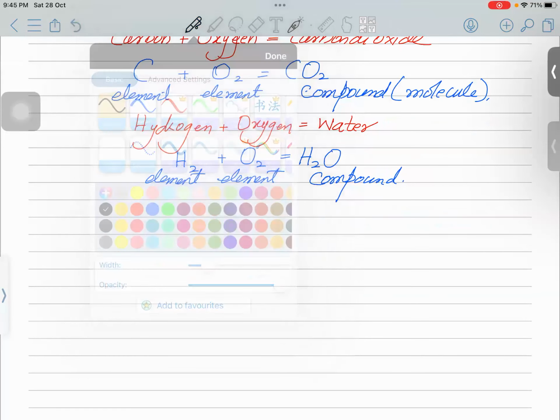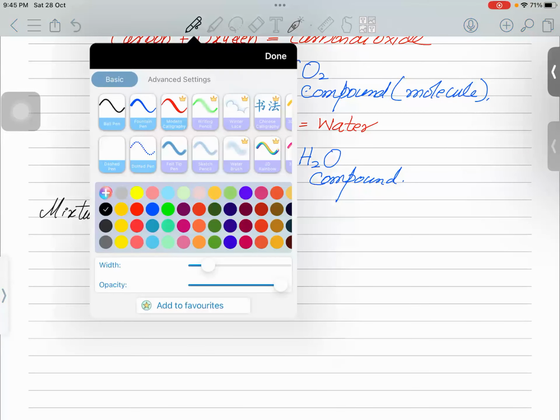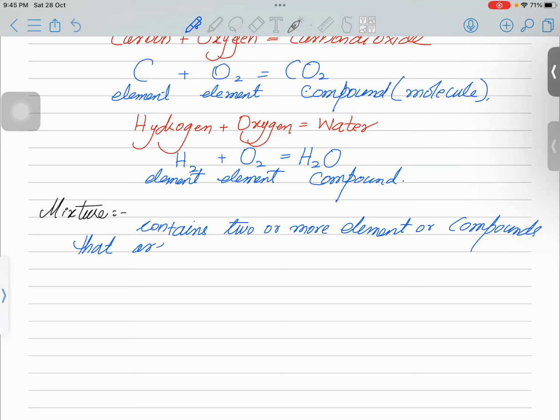Now number 3 is mixture. Mixture contains two or more elements or compounds that are not chemically bonded together.